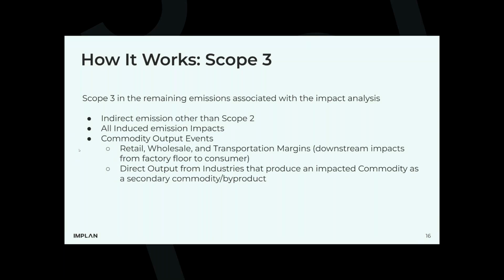So retail, wholesale, and transportation margins will get categorized as scope 3 when they're included in your analysis. And then finally, any direct output for industries that produce some portion of the impacted commodity as a secondary commodity or a byproduct will also be captured as scope 3.